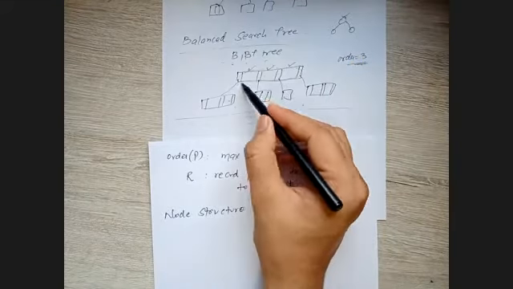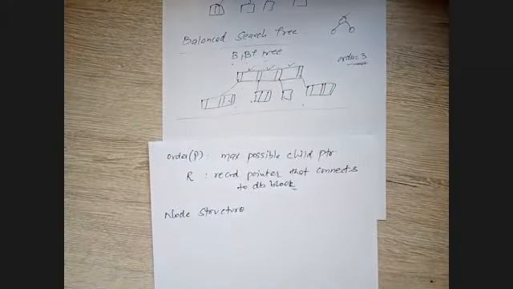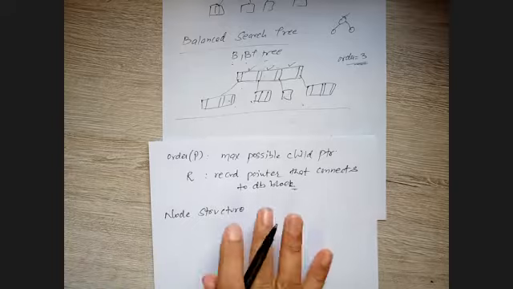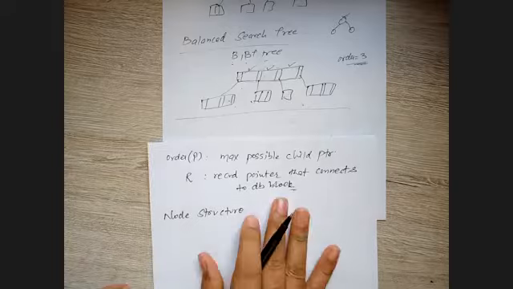But in a B tree, we have multiple data inside a node, and this is possible. You may have seen tree data structures before with only a single value in a node, but we can have multiple values as well. Okay, so let's see the node structure of your B tree.